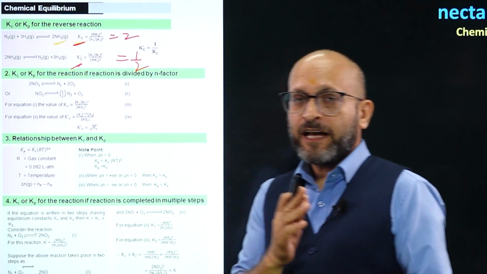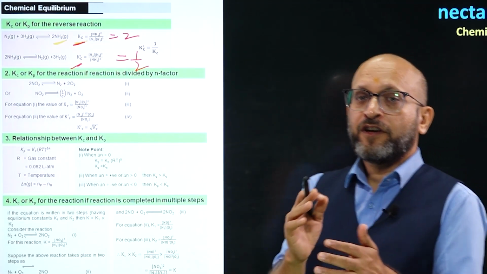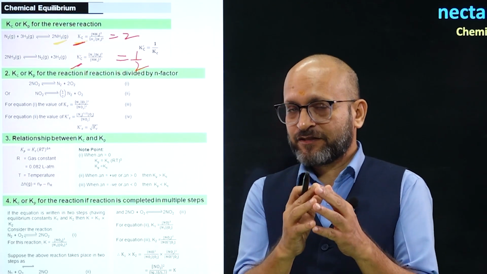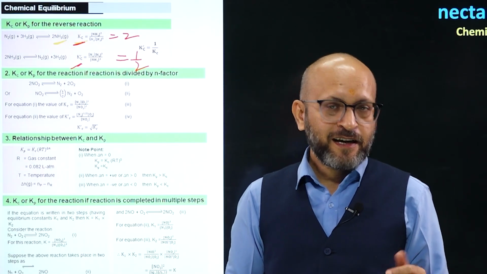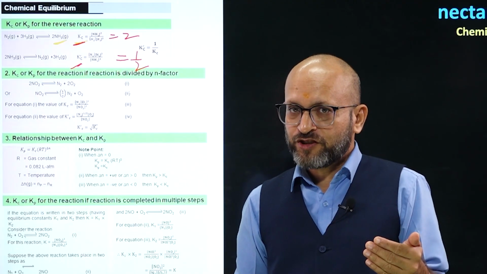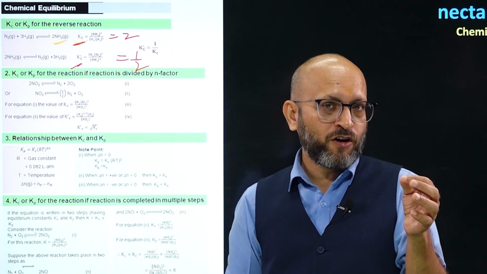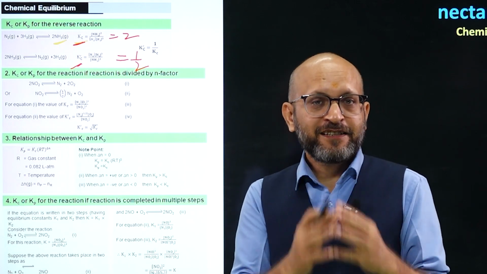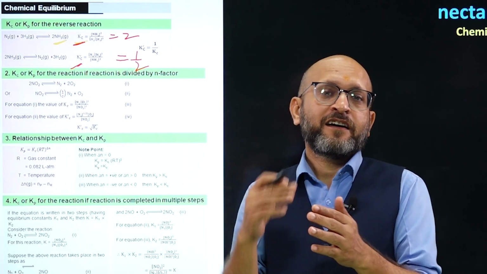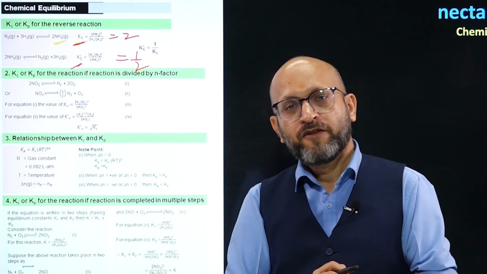Another property is, if for an original reaction the equilibrium constant is Kc, and you multiply that equation with n or 1 by n, then the equilibrium constant of the new reaction, Kc dash, equals Kc raised to the power n or 1 by n.